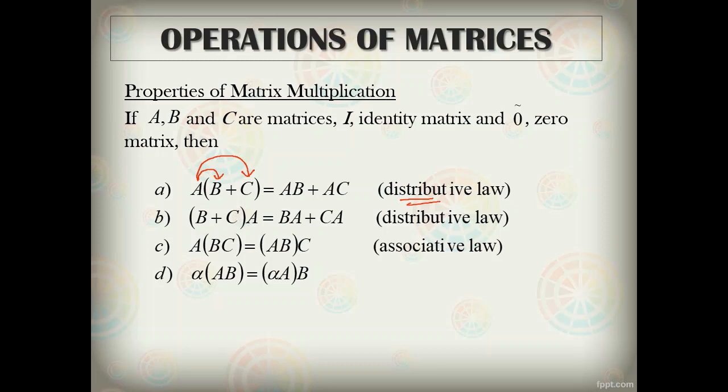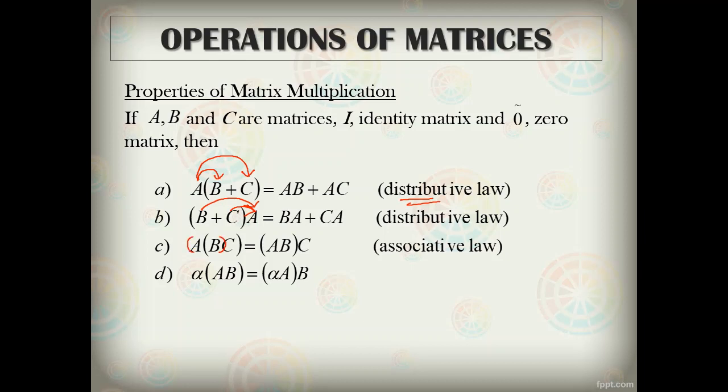Same goes to matrix B plus matrix C multiplied with A, that is equal to B multiplied with A, plus C multiplied with A.